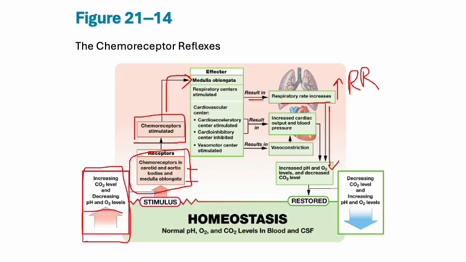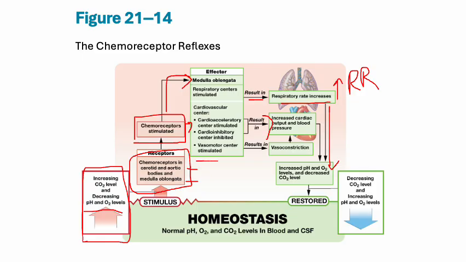The cardiovascular centers, the acceleratory center, is going to be stimulated, which is going to pump more blood through to the lungs. And so we're going to get more oxygenated blood into the system. And we're going to inhibit the inhibitory center, another double negative there again, so that collectively results in increased blood pressure and cardiac output.